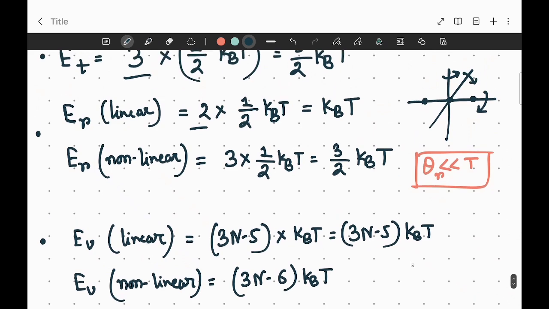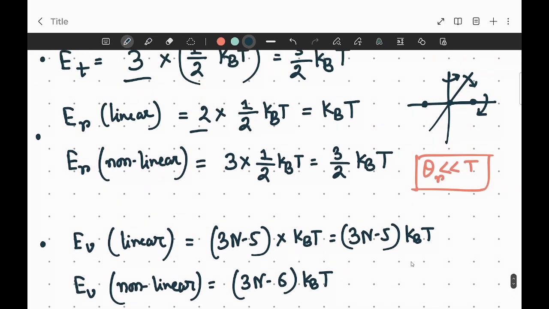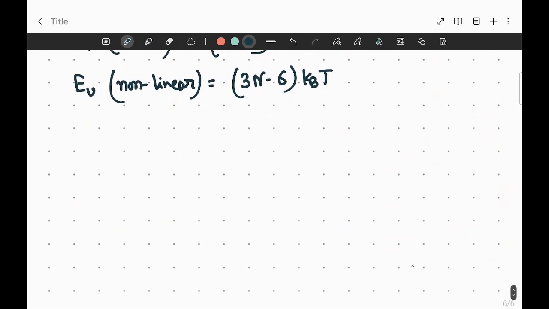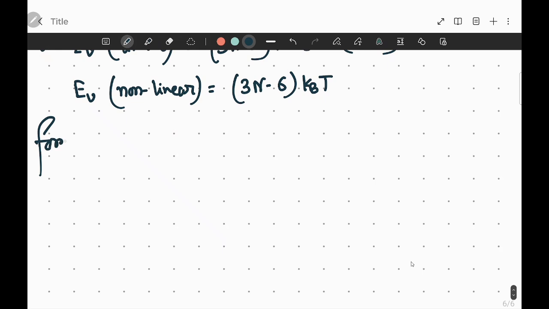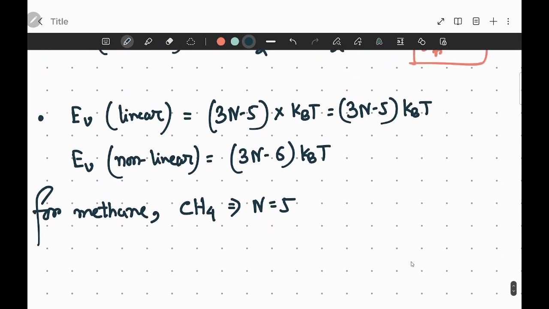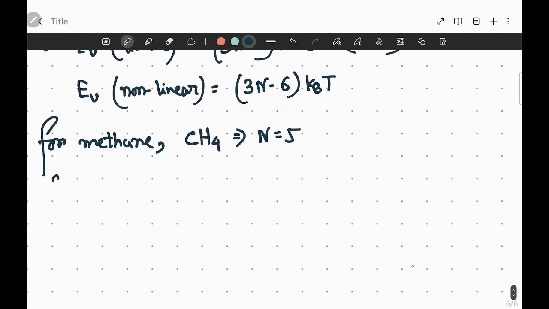So for methane gas, CH4, n equals 5. It's a non-linear molecule, so E translational will always be 3 by 2 kBT.